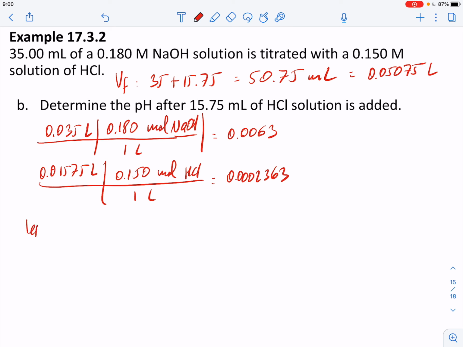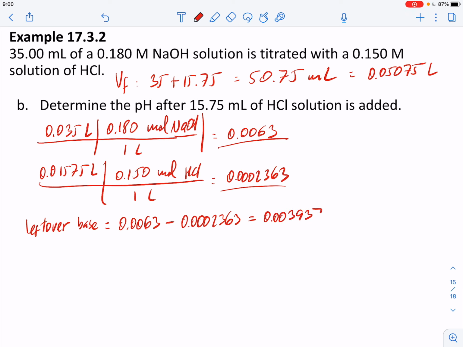Therefore, leftover base is equal to your initial 0.0063 minus what you added of acid, 0.002363, and this is equal to 0.003937. Okay, and this is moles of leftover base.